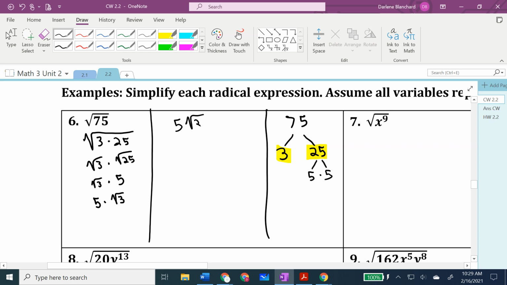We're supposed to write it without that multiplication symbol, but I have learned to write this multiplication symbol on tests because some people will accidentally read this as the 5 being the index of the root. And that's not what it is. It's easy to accidentally see it that way.